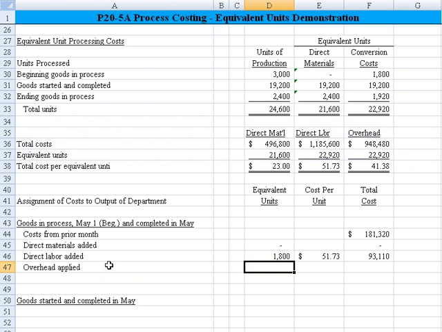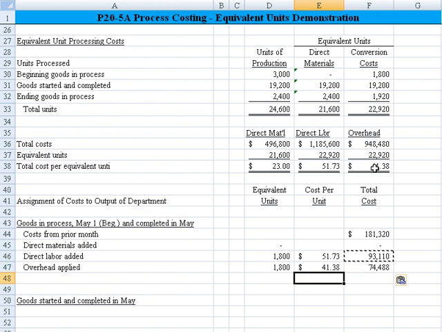Equivalent units is the same 1,800 that we calculated above. Okay. The cost per unit for overhead we calculated was 41.38. From there, again, we just multiply.